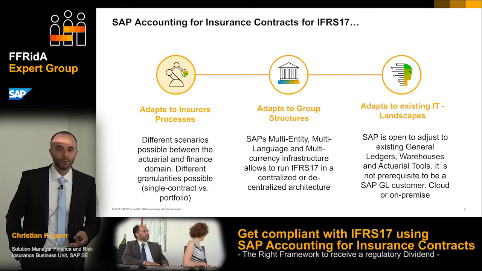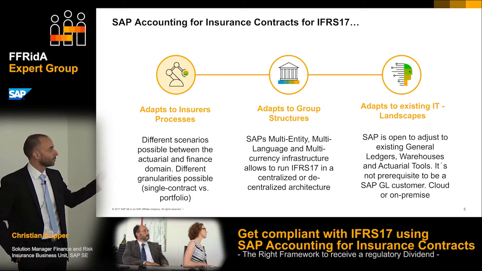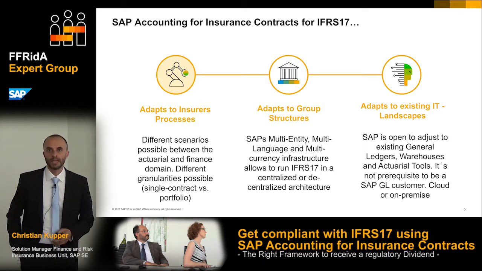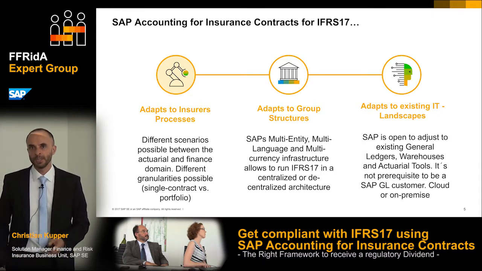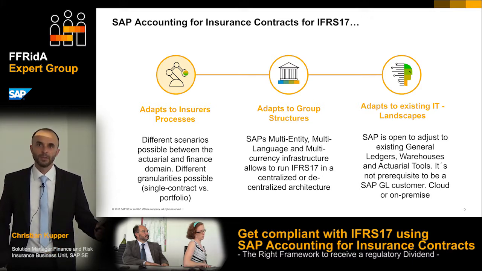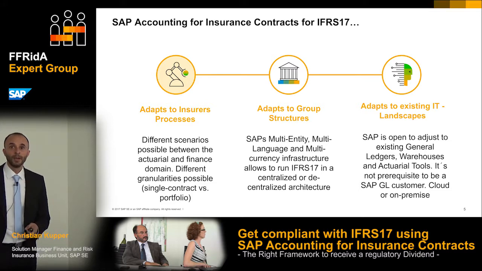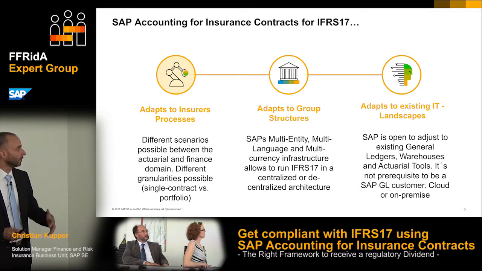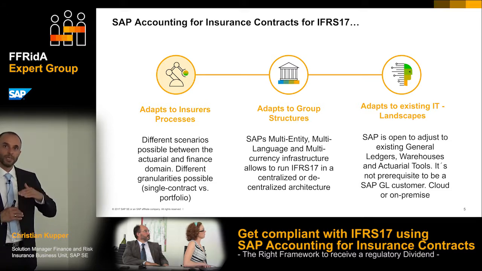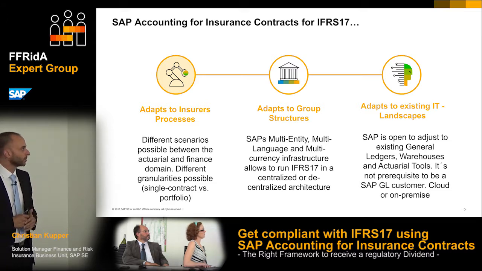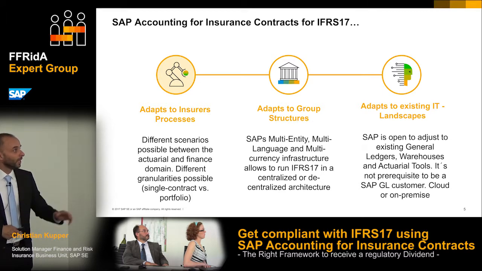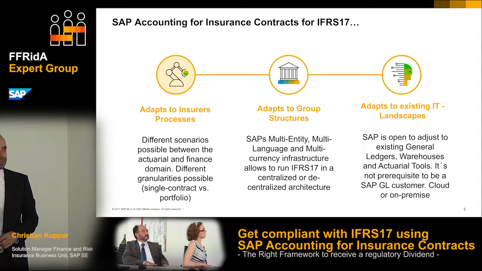So this platform can really adapt to insurers' processes, so we can handle different levels of granularity. I know the standard requires to do things on portfolio level. Maybe there are other gaps that require to do things on a single contract level. So here we can provide different options depending on the insurer's requirements. In addition, we can adapt to group structures.